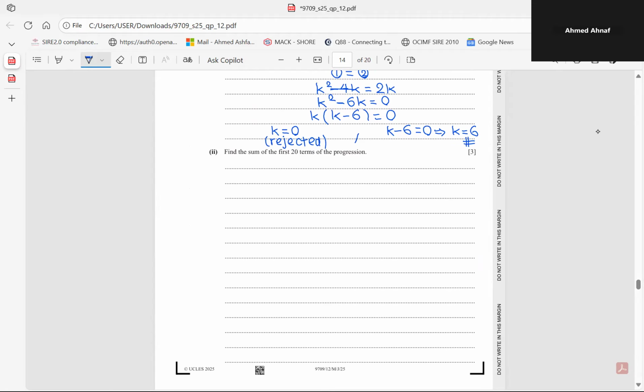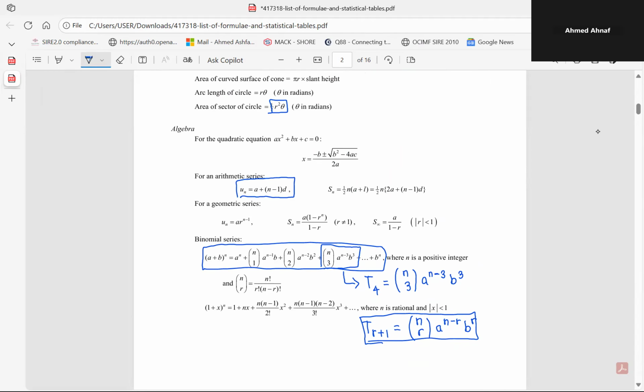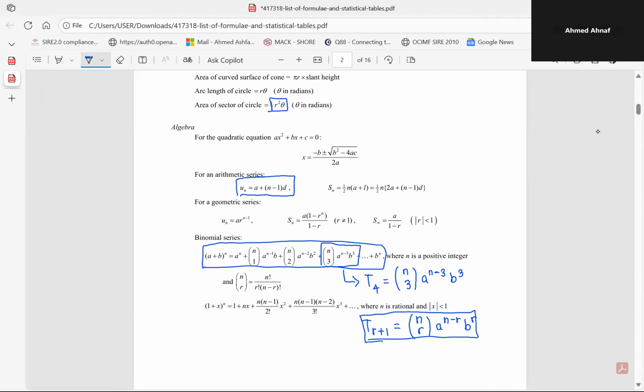Okay, so here we're going to have to find the sum of the first 20 terms of the progression. Okay, so let's take a look at the formula sheet again. So this is the formula we're interested in. It's the sum of the first n terms, Sn. We're given two equations of this term.